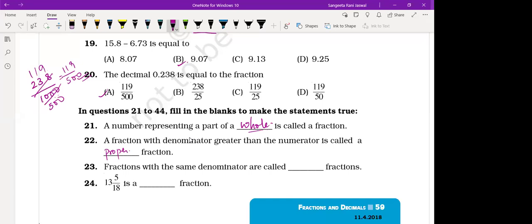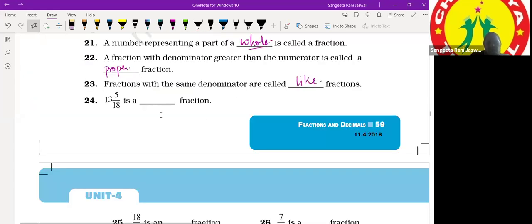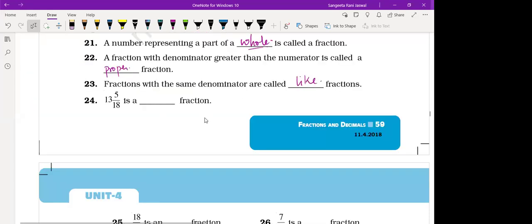Ma'am, like fractions? Yes, like fractions. Okay, 13 5 by 18 is a dash fraction. What kind of a fraction is it? Mixed fraction, ma'am. It's a mixed fraction.